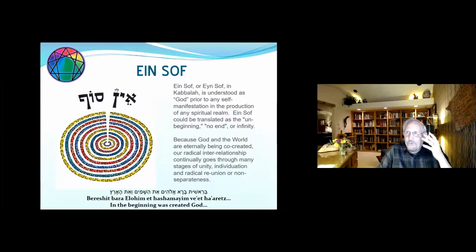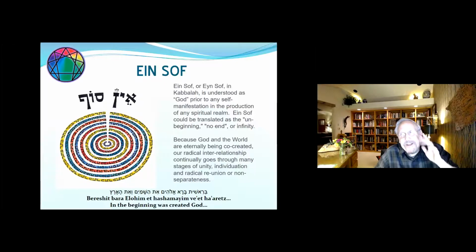The way in which the rabbis held this up, they said, all you have to do is go to Genesis and look at the very opening words of Torah. Bereshit bara Elohim et hashemayim ve'et haaretz. The first words of the Bible are literally, in the beginning was created God.